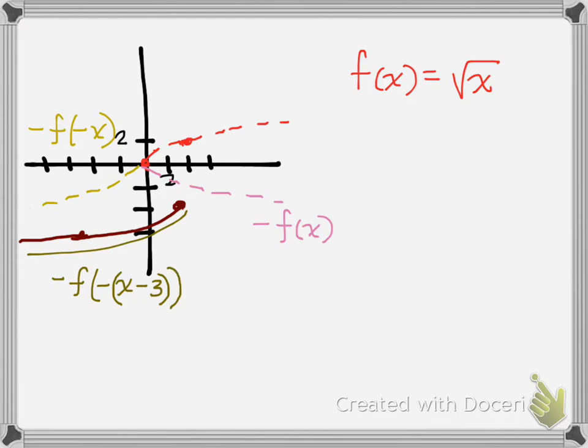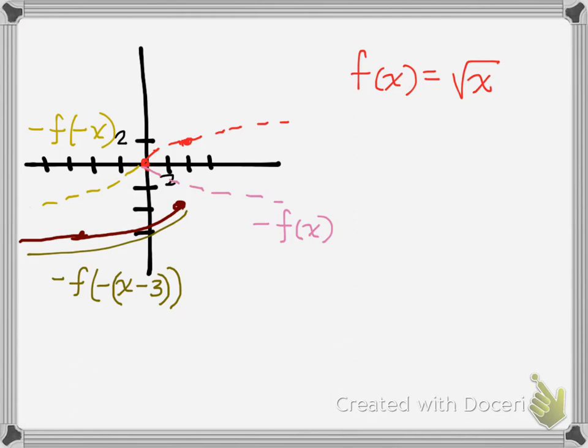So are you catching that? In order to have the correct horizontal transformation here, x minus 3, the negative has to be factored out. So the minus 3 is going to move me to the right, but only if I have that factored out.